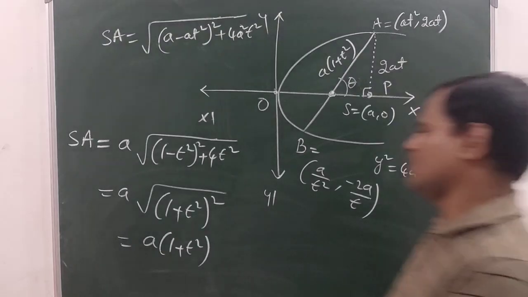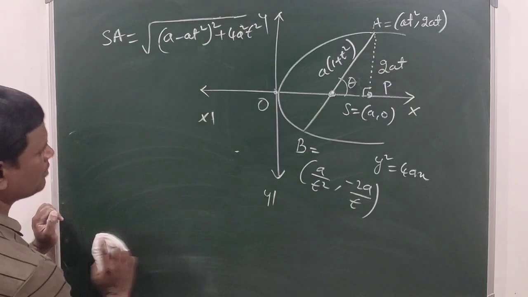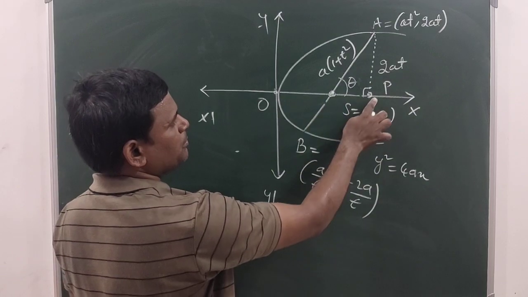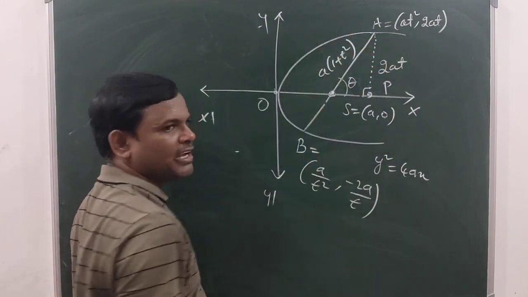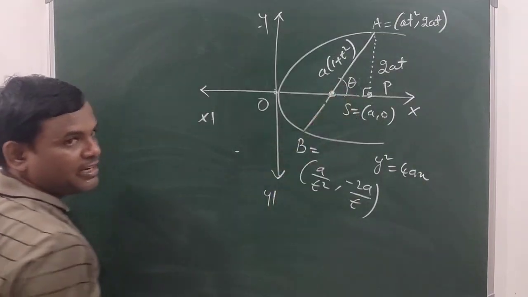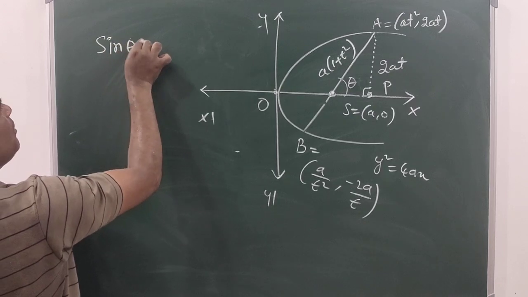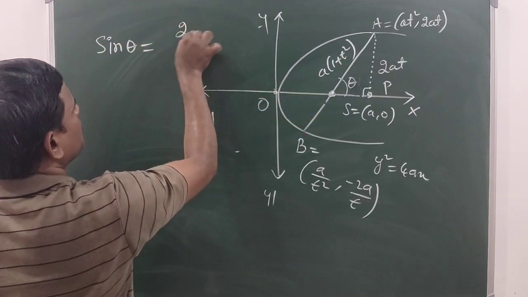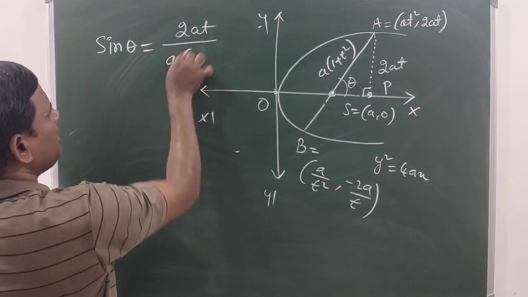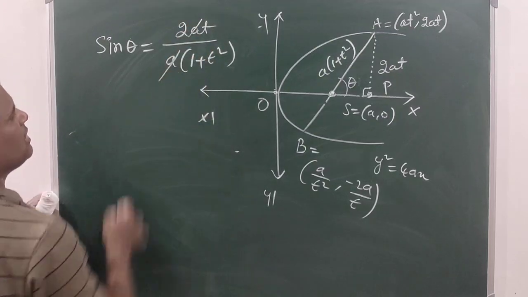Right, in the next step, see, so here SPA is a right angle triangle, no? So define the sine ratio with respect to this theta. What do you get? Sine theta is equal to opposite, which is 2at, by hypotenuse, a of 1 plus t square. Now this a cancels.